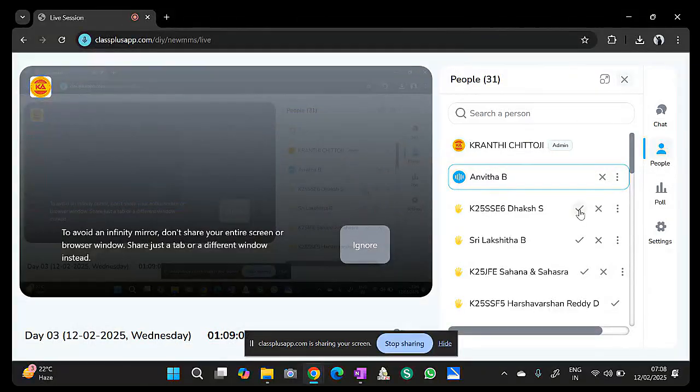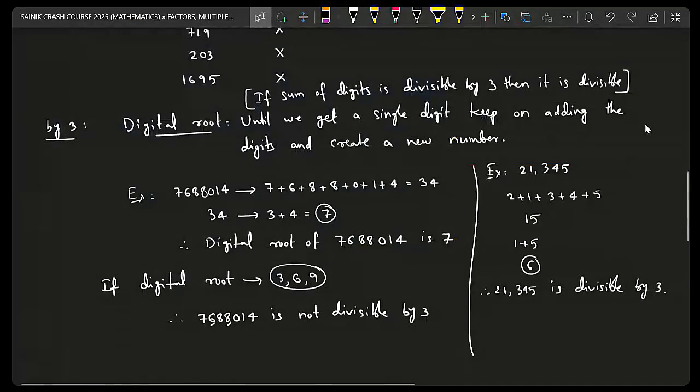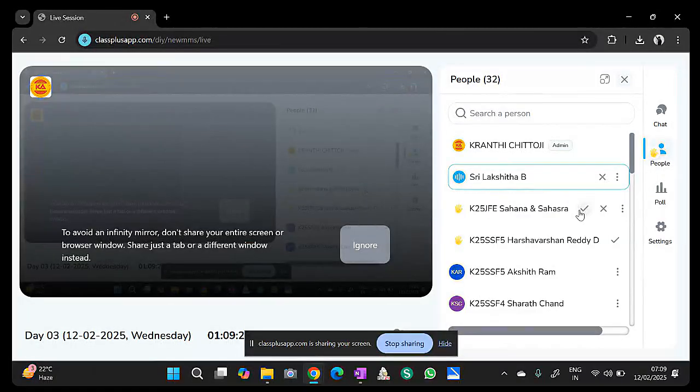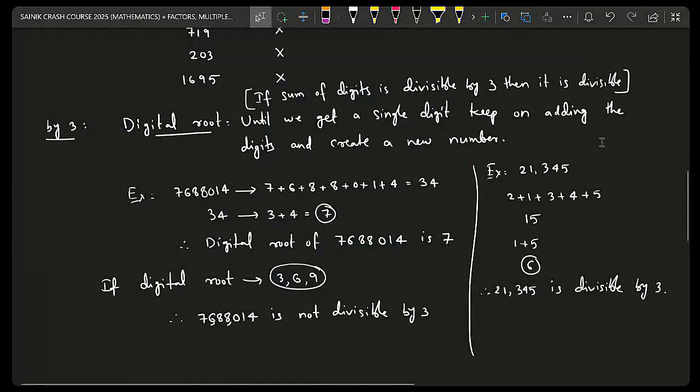Sir, I have not written the notes, sir. You must write what I'm saying from the beginning of the class. I will check today. Daksh, what's your doubt? Nothing, sir. No doubts? Then why did you raise a hand? Sir, for answer. Lakshita, you have any doubt? Sir, just hold up, sir.